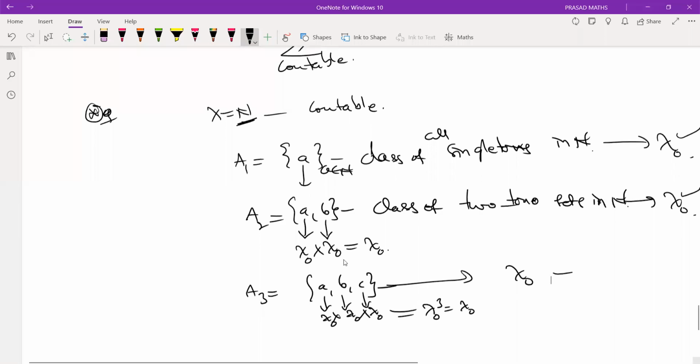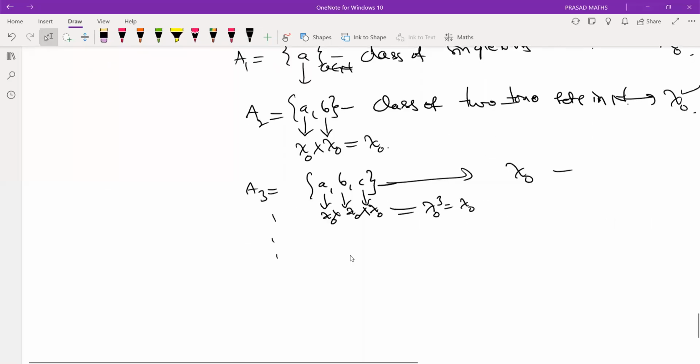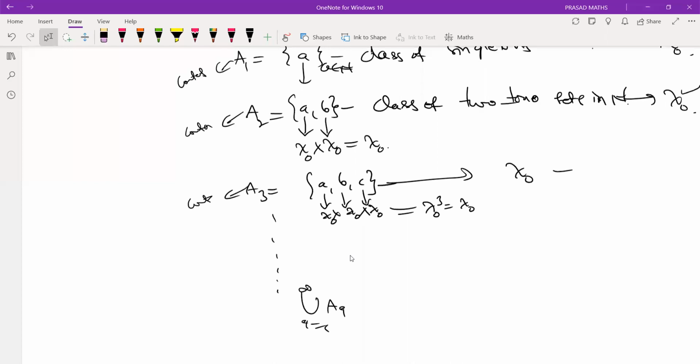So you take all the unions. Is it countable or uncountable? Each A1 is countable, A2 is also countable, we have seen. A3 is also countable, A4 also countable, A5 also countable, A6 also countable. A countable union of countable sets is countable.